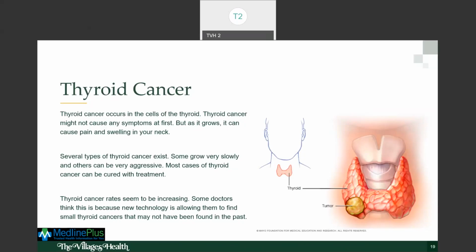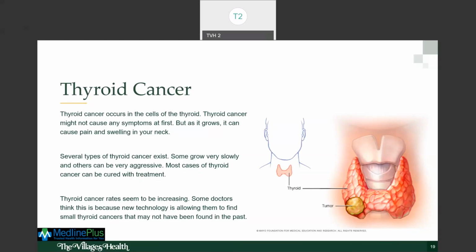So there are actually several types of thyroid cancer. Some of them grow very slowly, and others can be very aggressive. Most cases of thyroid cancer in general can be cured with certain treatments. Thyroid cancer rates actually seem to be increasing, and some doctors tend to think it's because new technology is allowing them to find smaller cancers that may not have been found in the past.